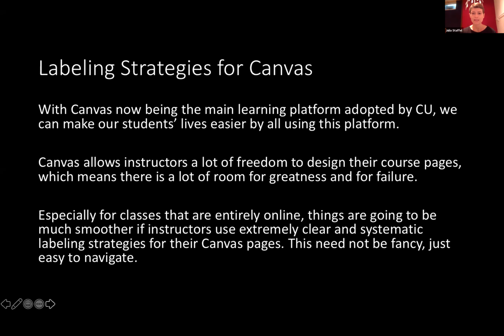But of course, that means you can make it really great, but also you can make it really terrible. And especially for classes that are completely online, it's going to be a lot smoother if you use really clear and systematic labeling strategies for your Canvas pages. And you don't have to make it fancy, you just have to make it really easy to navigate.